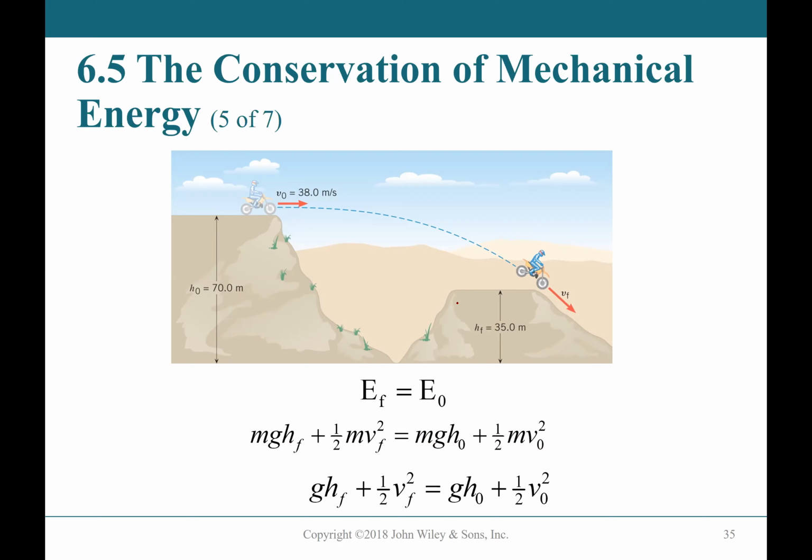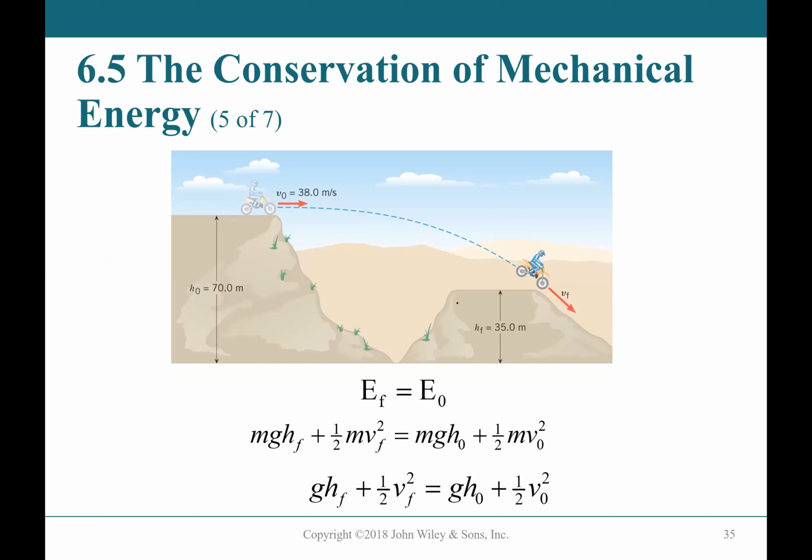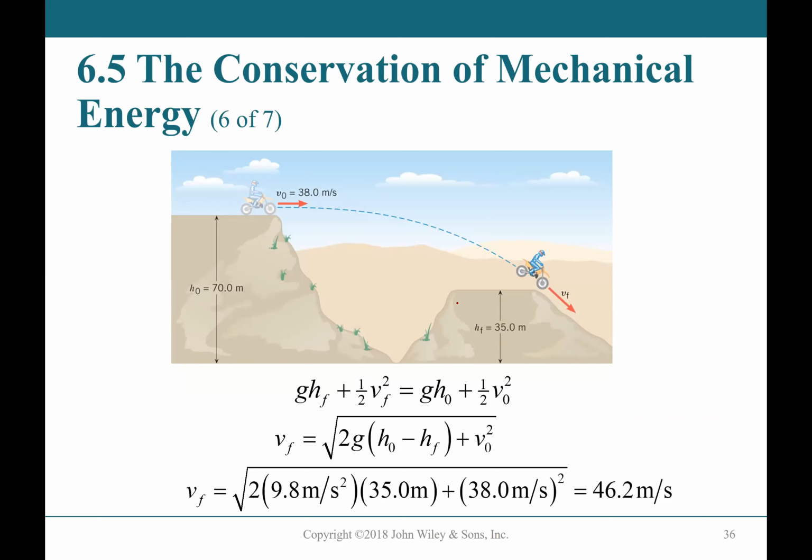Now, I want to find the final speed when it strikes the ground, which is v sub f. So I need to rearrange this equation to solve for v sub f. When I do that, I get this equation. Because v sub f is squared, I need to take the square root.